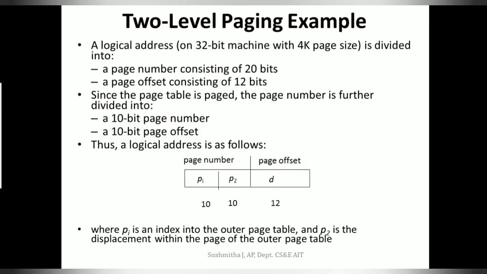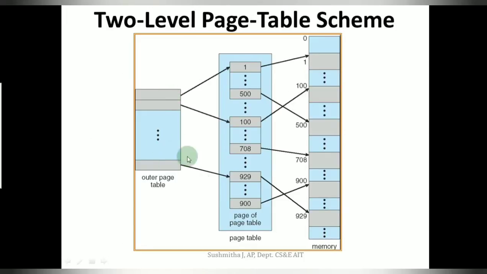Now looking at a 2-level page table, as I had discussed, the logical address would be something like this. It would contain the outer page table, which contains the entries of this inner page table.